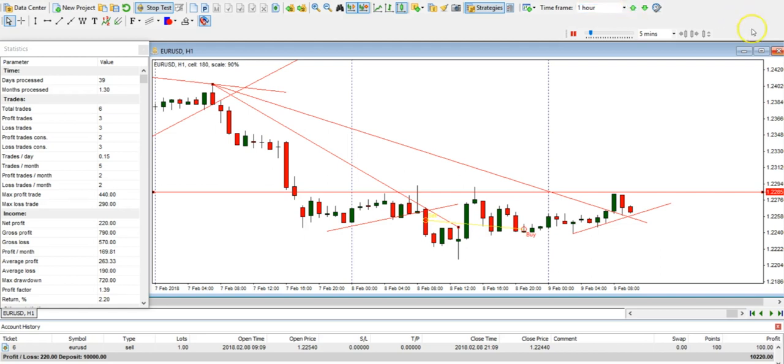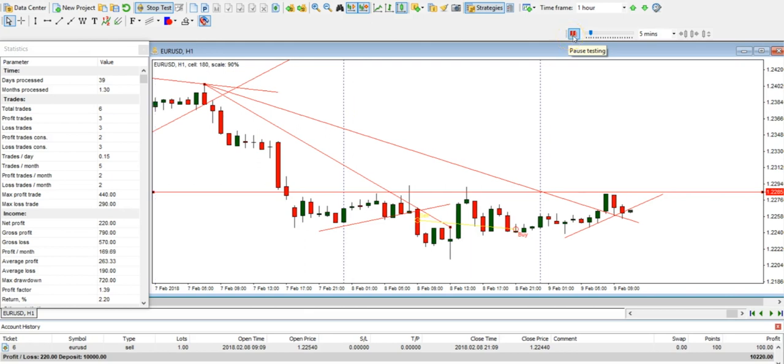Okay, so the reason I've done that was this is the sell line penetrated now. Okay, that's our target lines for a buy or sell.